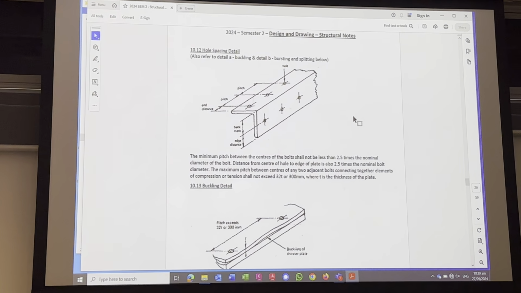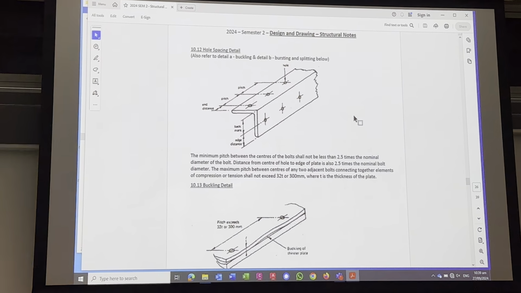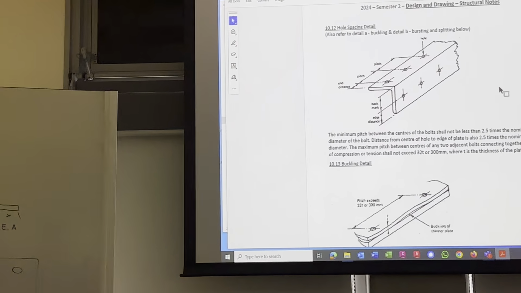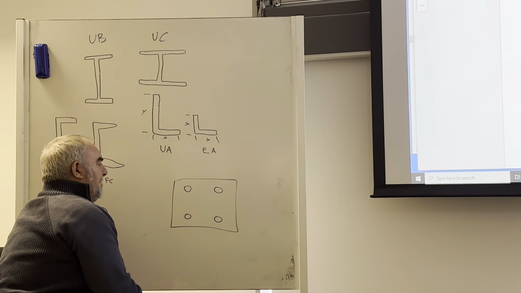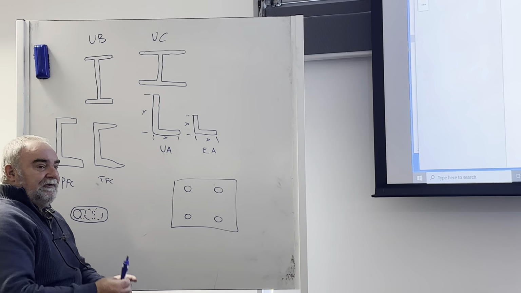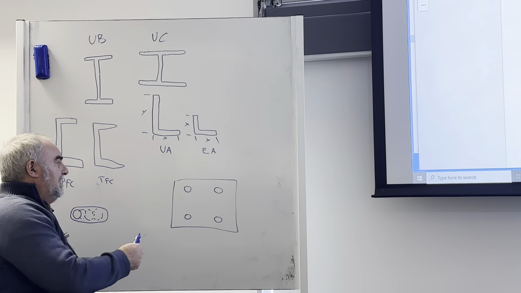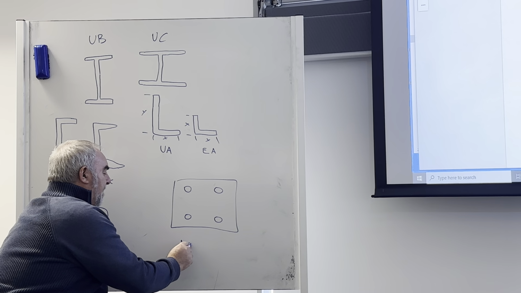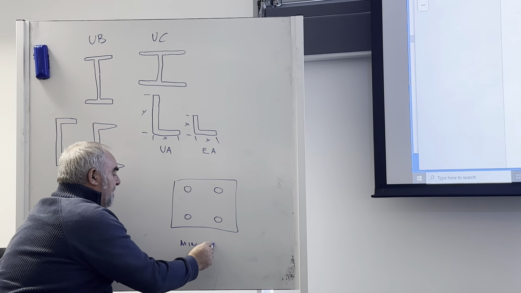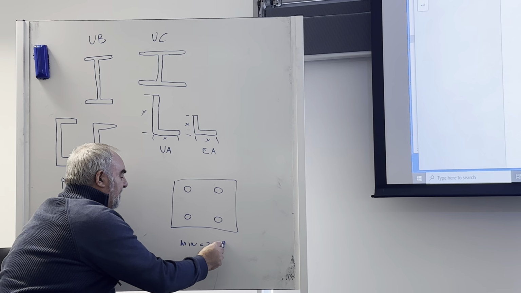So the maths, let's take a simple plate. You get a plate design like that. The maths for the shortest distance, so the minimum, equals 2.5 times the diameter of the bolt.